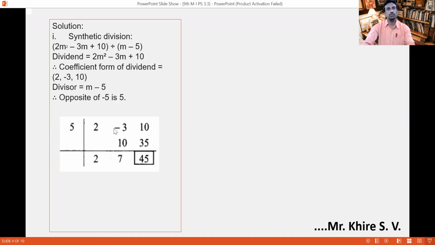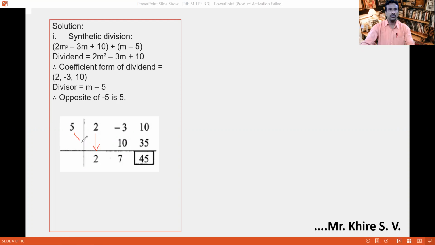Write it down here, divided by 5, the opposite of minus 5. Then write the first coefficient 2 as it is.